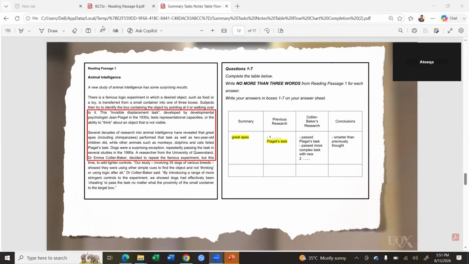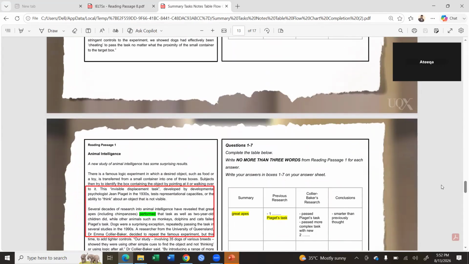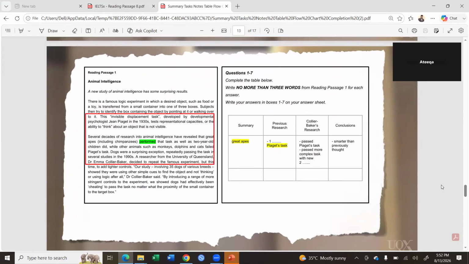Can you tell me the answer now? Sir ji, in the second paragraph. Now see here.